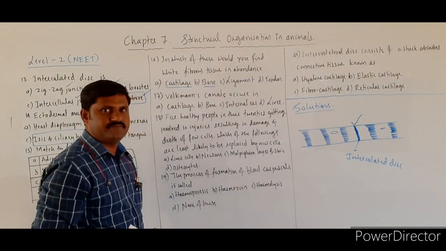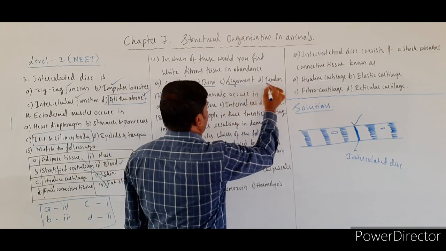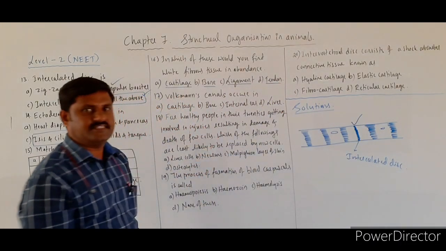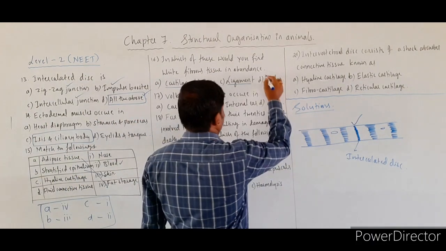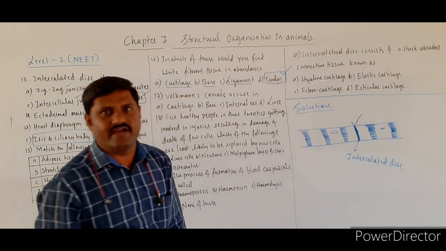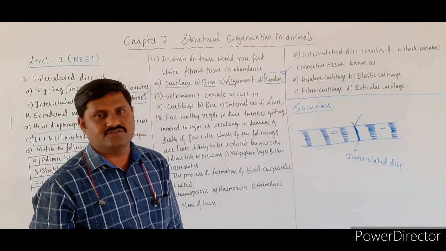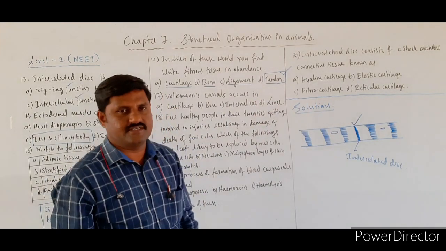Bone, of course, white fibrous tissue is there. Let us see. So, ligaments as well as tendons. Especially in tendons, the maximum number of white collagen fibers are present over here. So that's why the answer is tendons itself, right?